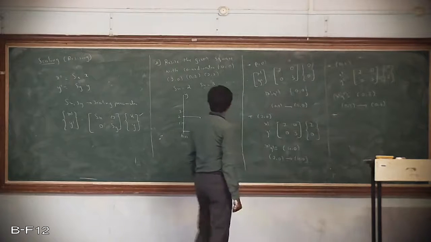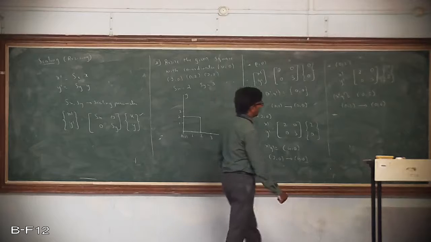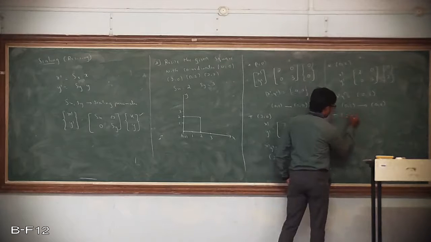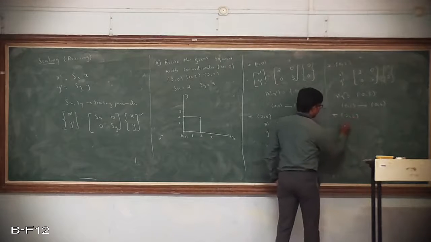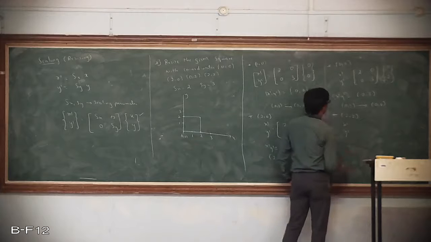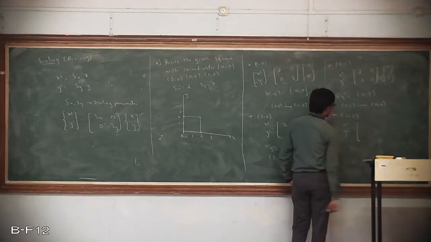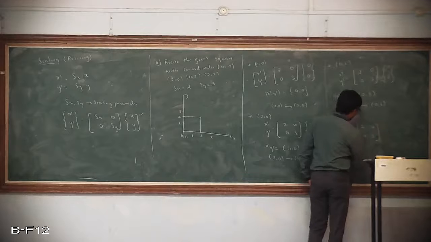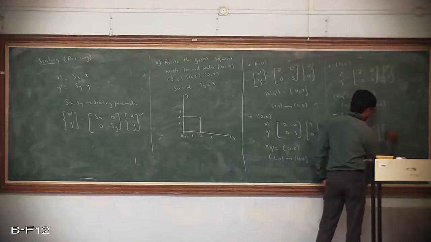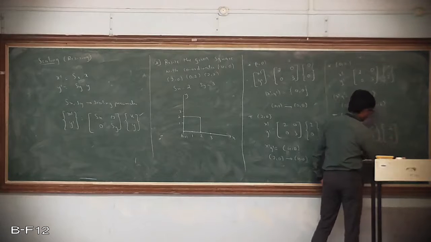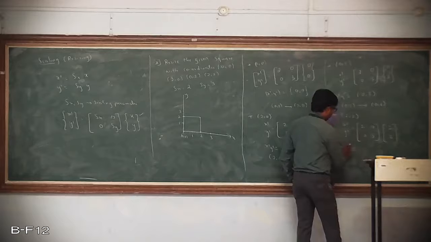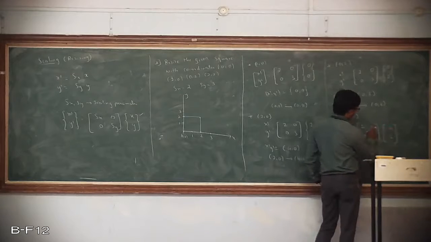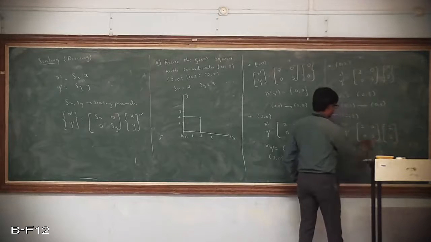So next is the last point, 2, 2. So for x dash y dash, if I go with this, it is 2, 0, 0, 3, and the original positions are 2 and 2. So if I do this, 2 2s are 4, plus 0, and 3 2s are 6.